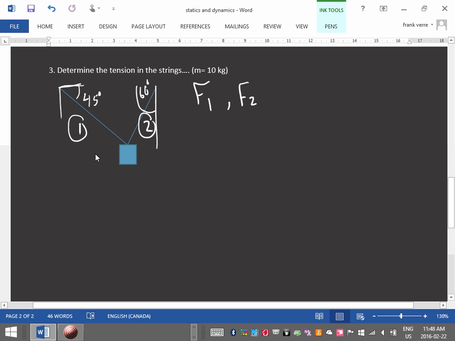Left and up. Right? Which way would this cable pull? Right and up. Okay. We're missing one other force. Weight.